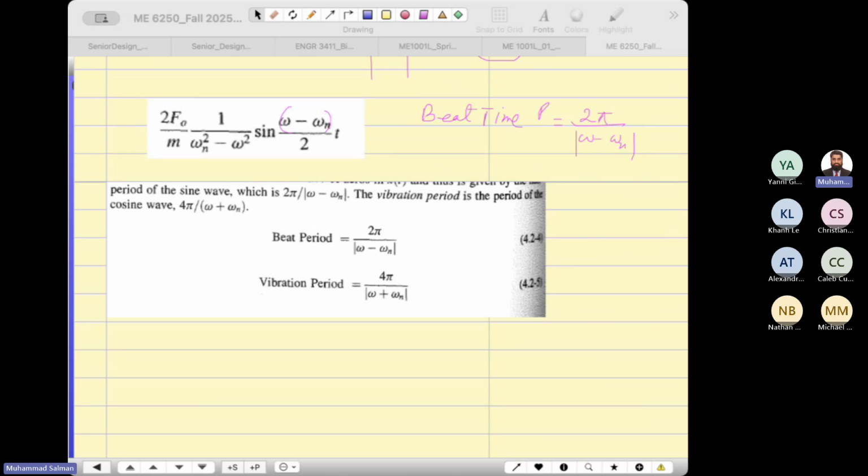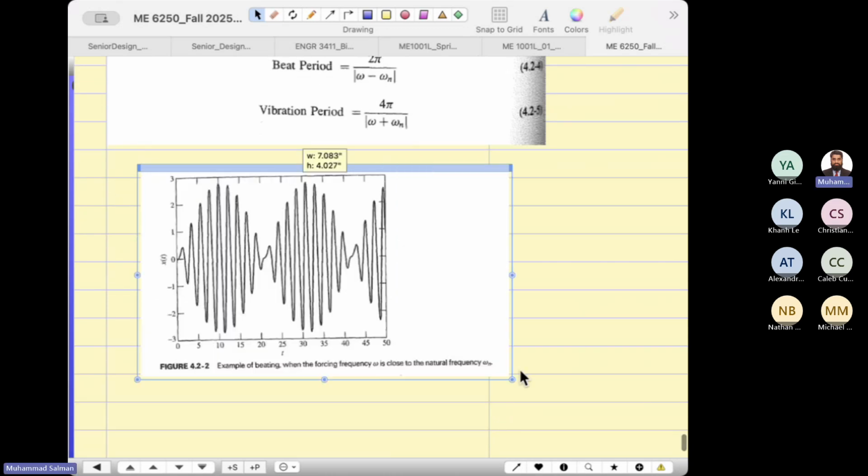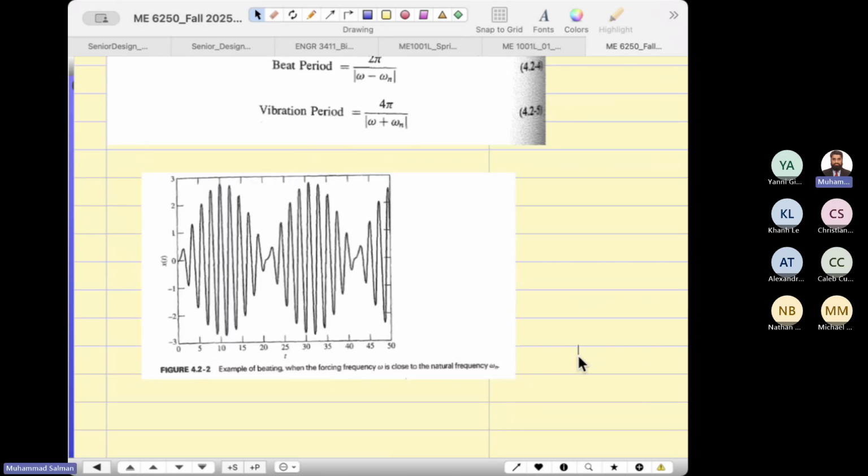So it will look like this. This is an example of beating when the forcing frequency is very close to the natural frequency. It will have some higher frequency components, so vibration is happening.